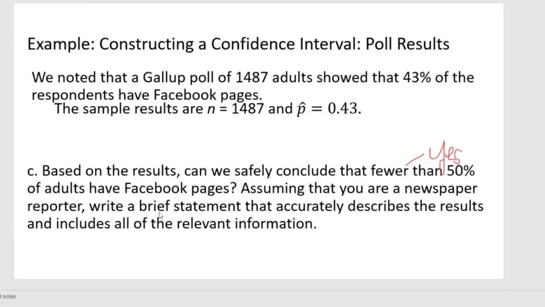95% confident, that's going to be a key phrase somewhere in what you need to say. And that we're not saying there's a 95% chance or anything. We are 95% confident that the true proportion is between, and that's where we put our confidence interval.